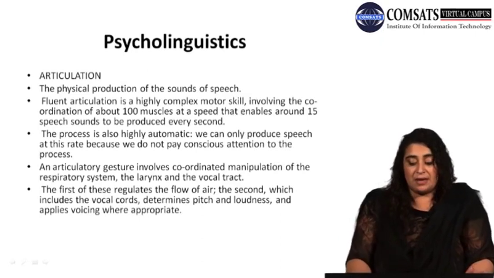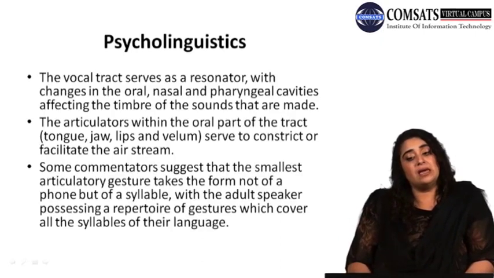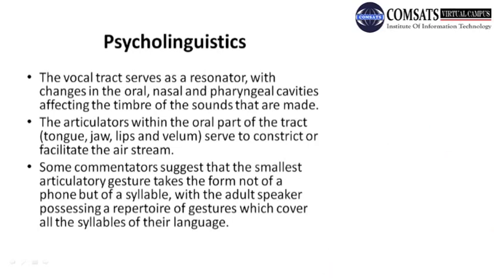So we can apply it where it's appropriate. Now the vocal tract serves as a resonator with changes in the oral, nasal and pharyngeal cavities. We've already studied the cavities, so you should be very clear about what I am talking about right now. You can refer back to one of your lectures.